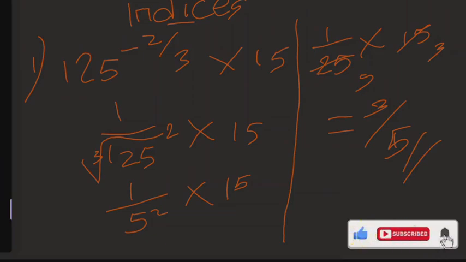Now let's make progress. Let's do some more examples based on what we've discussed.